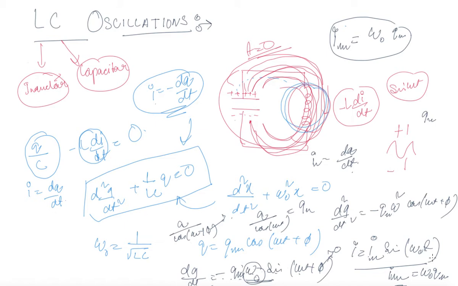Now if you talk about the electrical energy or the potential energy stored inside a capacitor, let's have a look. The energy stored inside a capacitor is 1 by 2 qm whole square upon C. This is the energy that is stored, E. Since there is no current in the circuit, the energy in the inductor is 0.